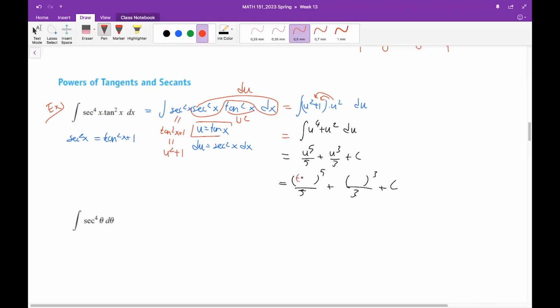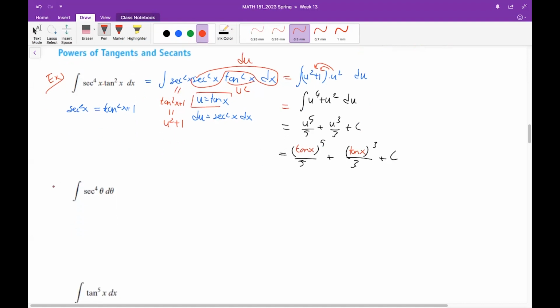U was tangent x, remember, so you need to turn back to your original variable x by applying back substitution like this, okay? So let me show you more examples of this kind and you will get used to that.